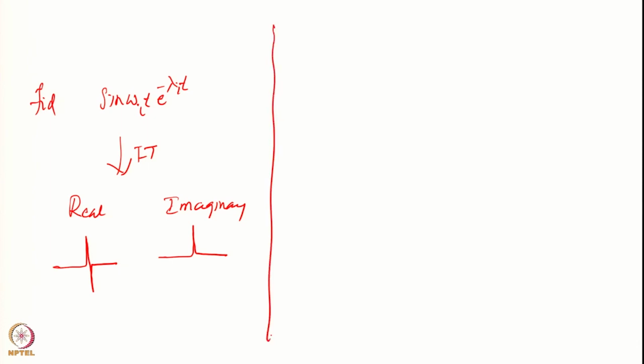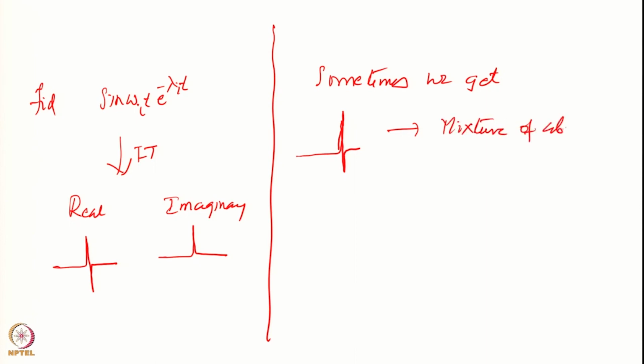Now often we find that the signal is not exactly dispersive or absorptive, sometimes we get signals which are like this. So this is a mixture of absorptive and dispersive signals.